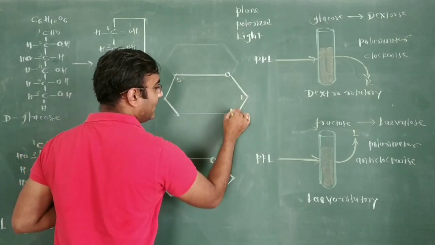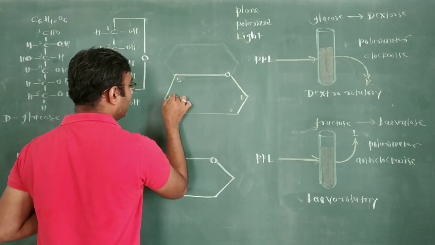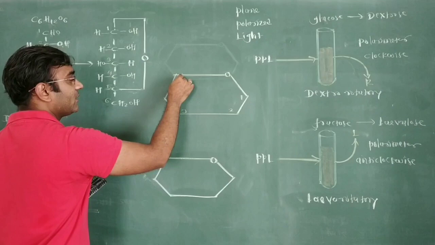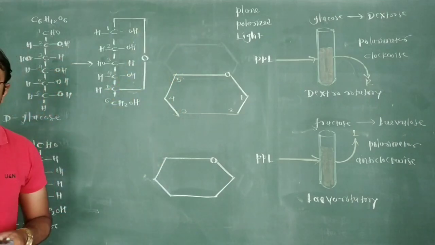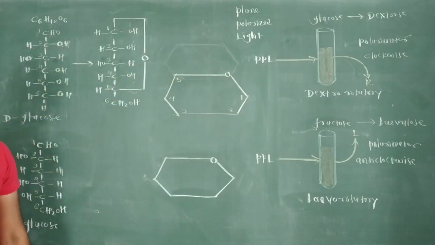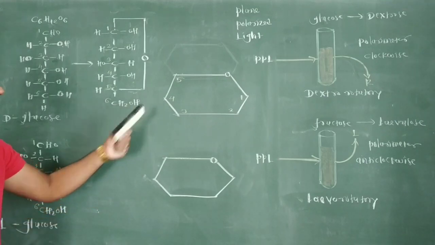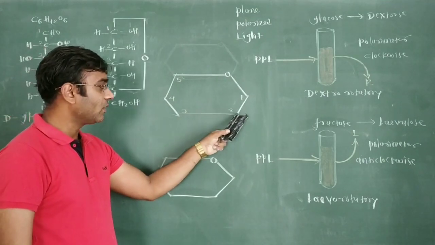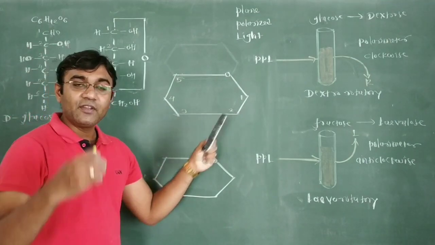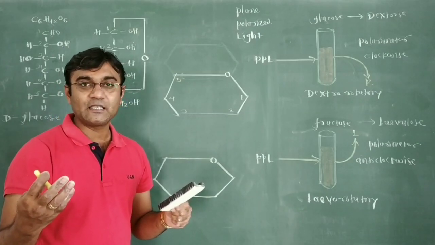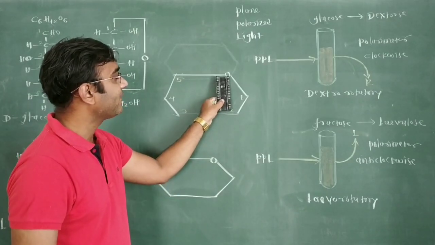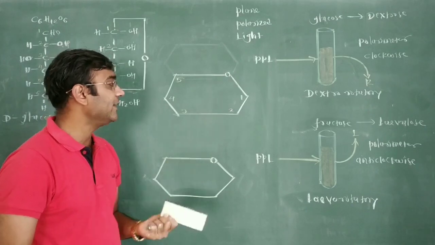So first carbon here, second here, third here, fourth here, fifth, and the sixth outside. Every corner represents a carbon. If instead of carbon we have to write a specific atom, for example oxygen, we have to mention it here.